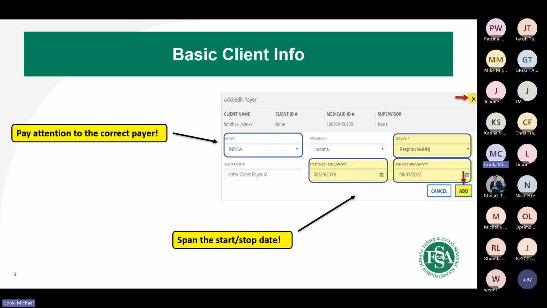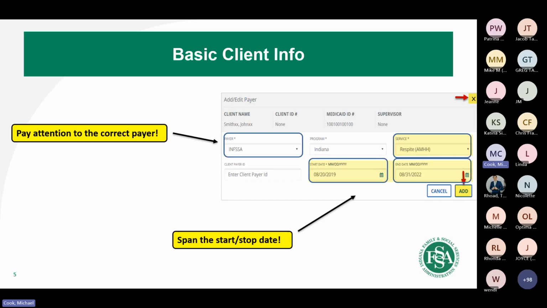Now, when you're entering client information, again, as a reminder, none of the member information is transferred over from core into SAN Data's system. So all this information is actually supplied by the provider. A couple key things that we want to remind you: make sure that you're paying attention to the correct payer. This is especially important for home health users as well as providers as we move into our Indiana Pathways for Aging program next year.